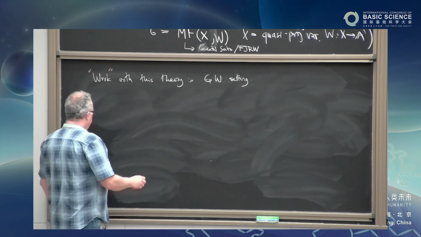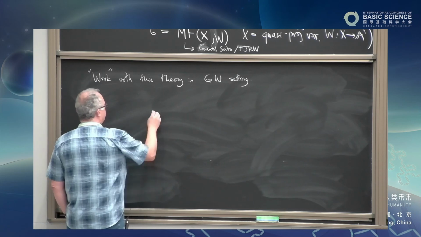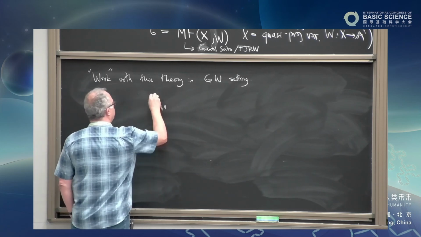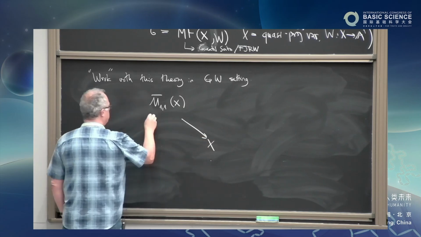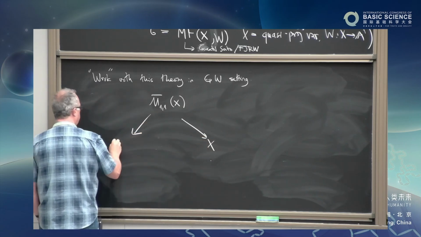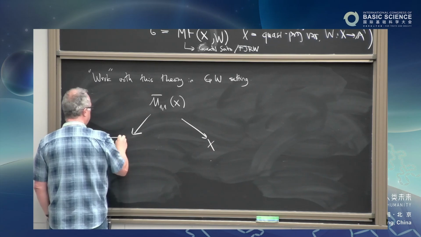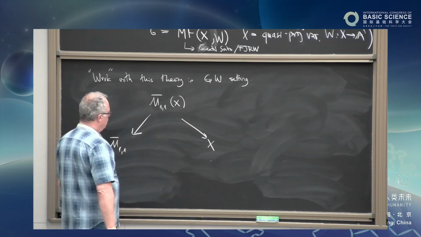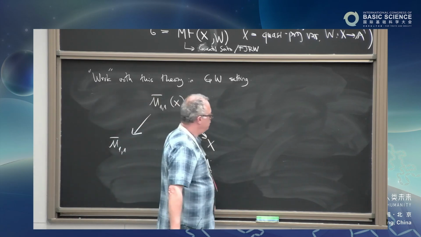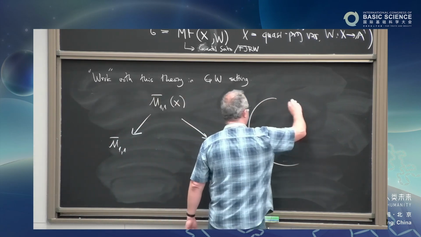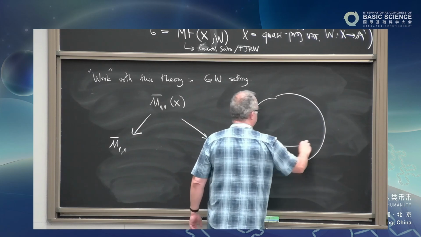So what you should imagine now is that somehow we've got this magic space M_11 bar of X, which maps down to X, and it maps down to M_11 bar. And I am doing this pull back, push forward. Sorry, I had already this diagram here. I want to draw for you what M_11 bar looks like.